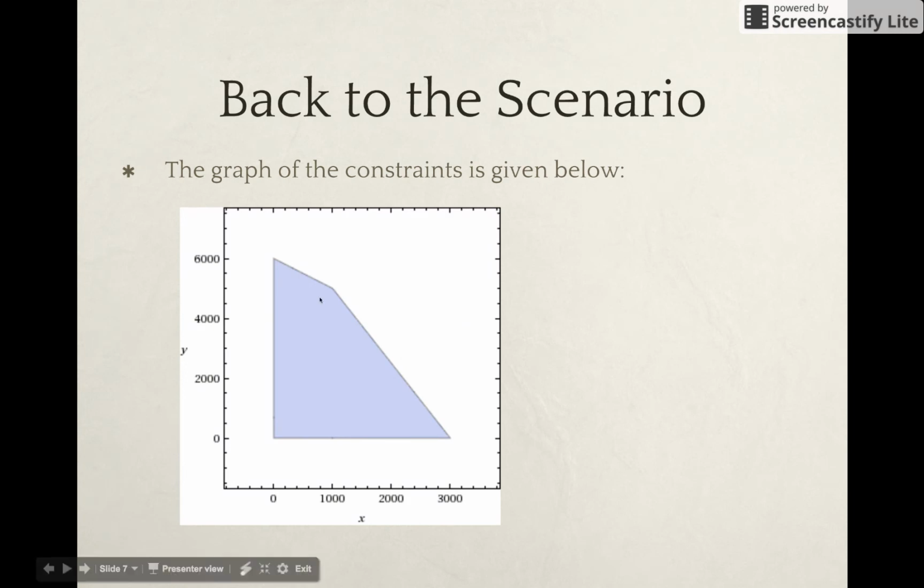This equation is x plus y is less than or equal to 6,000, and this would be the second equation for our weight. If we couldn't have identified these other vertices, you'll note that they all come from intersecting lines, and so we could have solved systems of equations to find those as well.